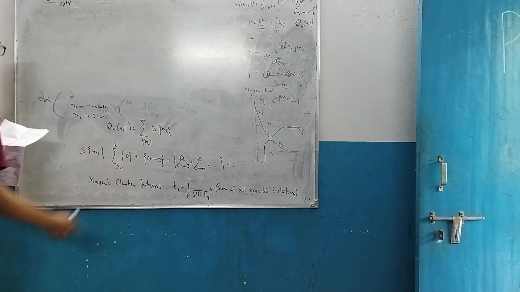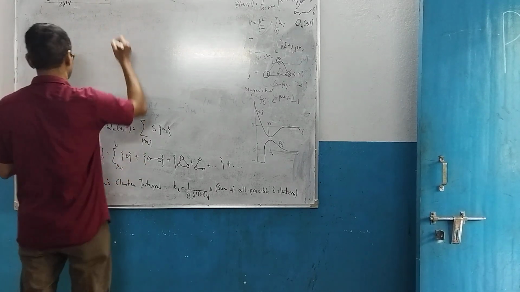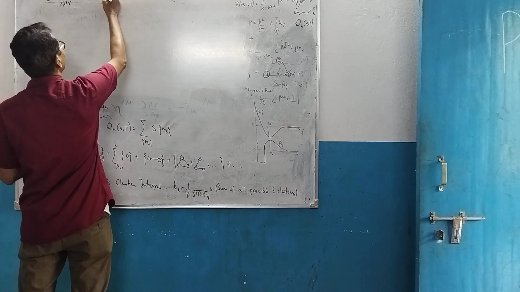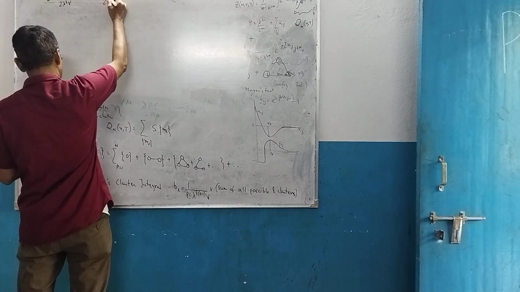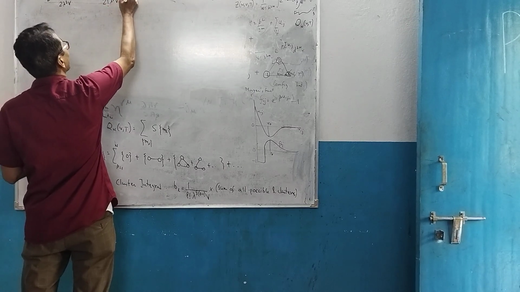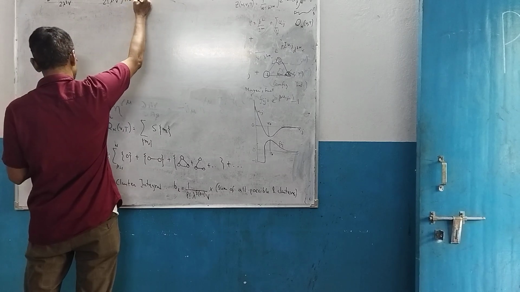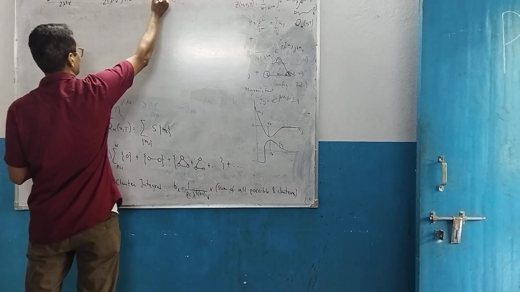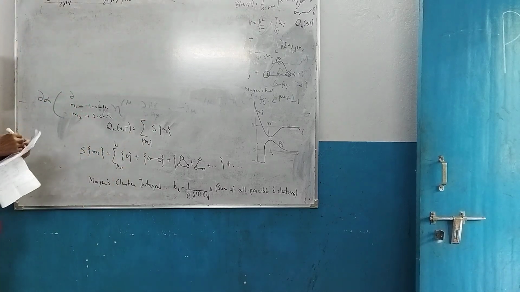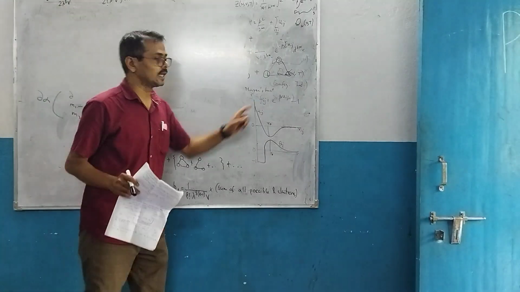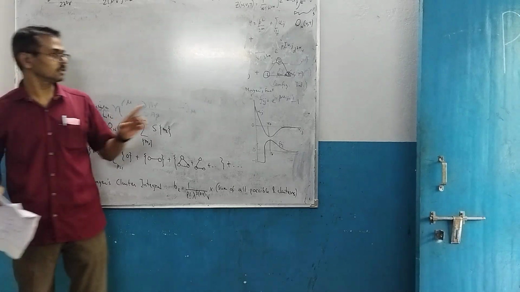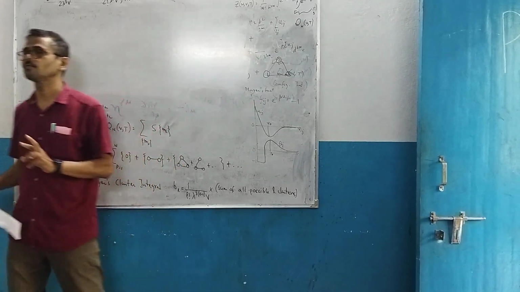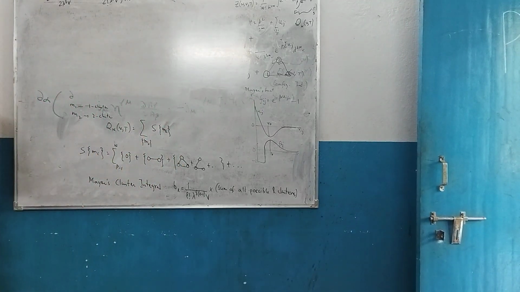And if you put it in the expression over here, it would be 1 by 2 factorial lambda cube V and the integral of F12 d cube R1 d cube R2. Where F12 is, because we are talking about only two particles, Mayer's function with either i as 1 and j as 2 or vice versa.